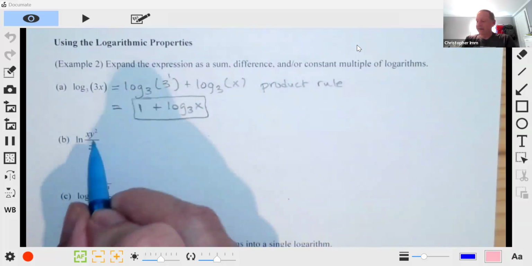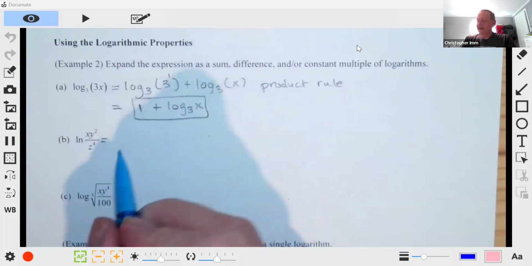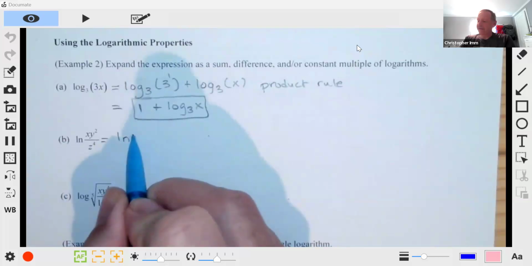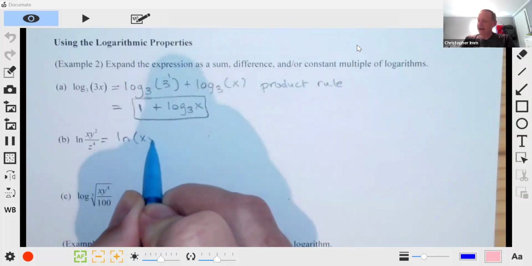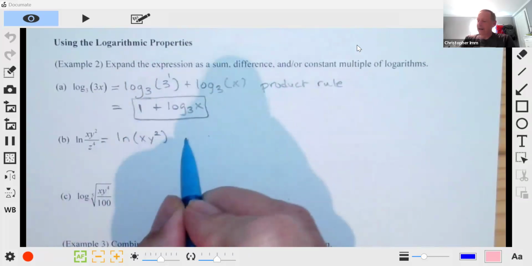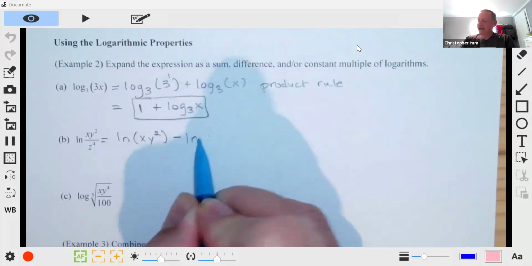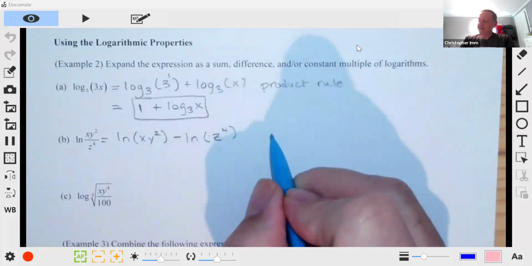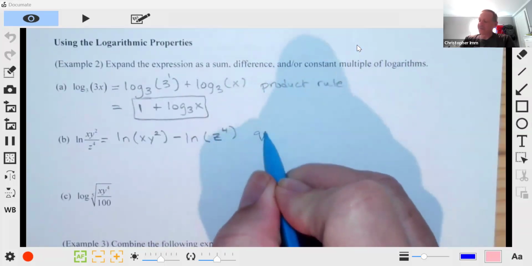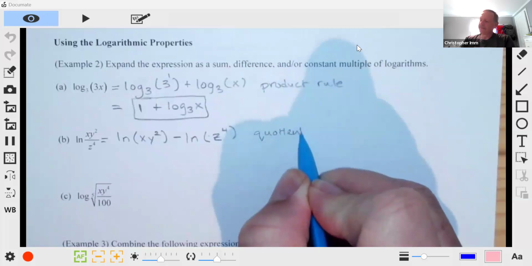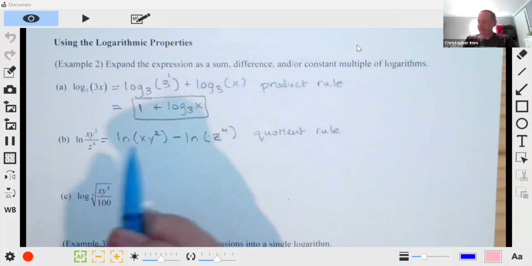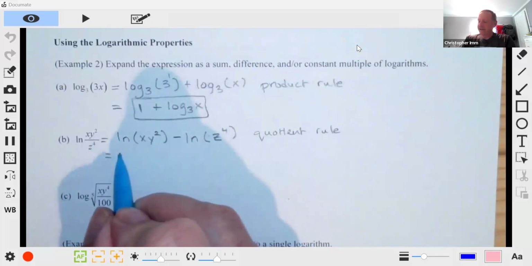The second one, it looks like we have some division here. So I'm going to start by using that quotient rule. I'm going to rewrite this as natural log of xy squared minus natural log of z to the 4th. So I'm using this quotient rule. I have a product here, so I'm going to break those two apart using the product rule.